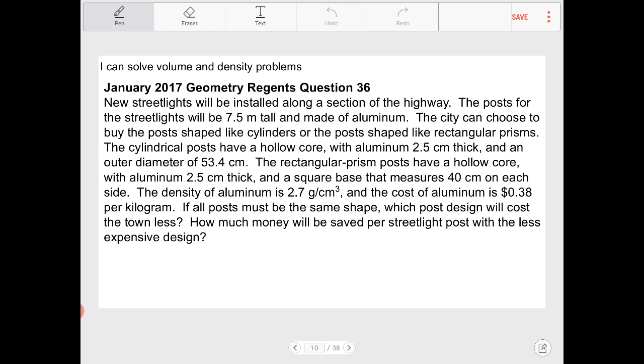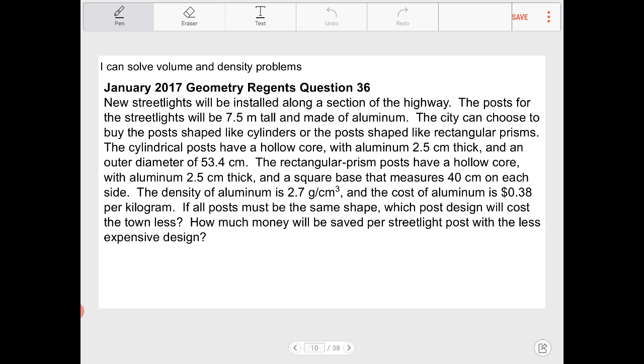The density of aluminum is 2.7 grams per centimeter cubed, and the cost of aluminum is 38 cents per kilogram. If all posts must be the same shape, which post design will cost the town less? How much money will be saved per streetlight post with the less expensive design?